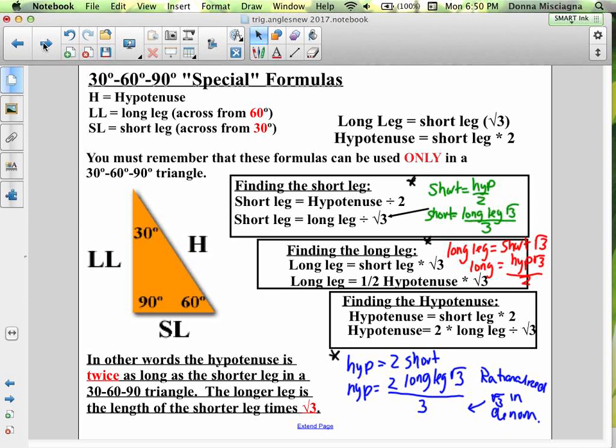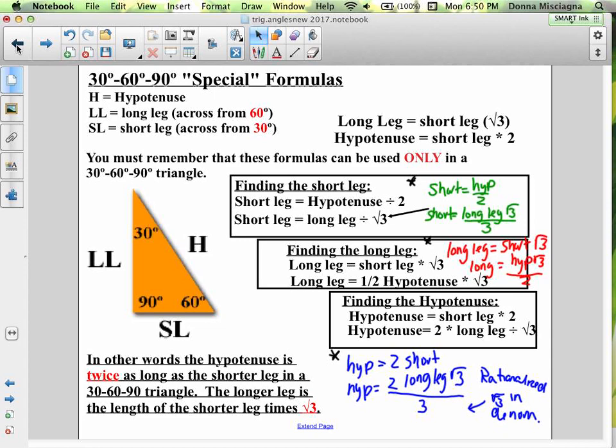I use one more than the other, and that is I use the short leg. I always go with the short leg whenever possible. So for instance, if I know the hypotenuse and I'm looking for the long leg, I use the hypotenuse to find the short leg, and then I just do short leg times the square root of 3.